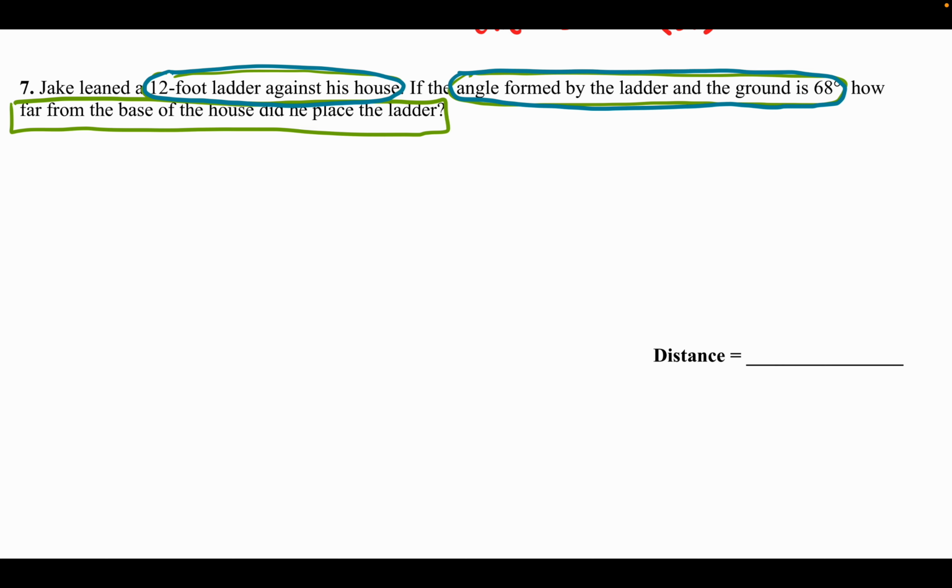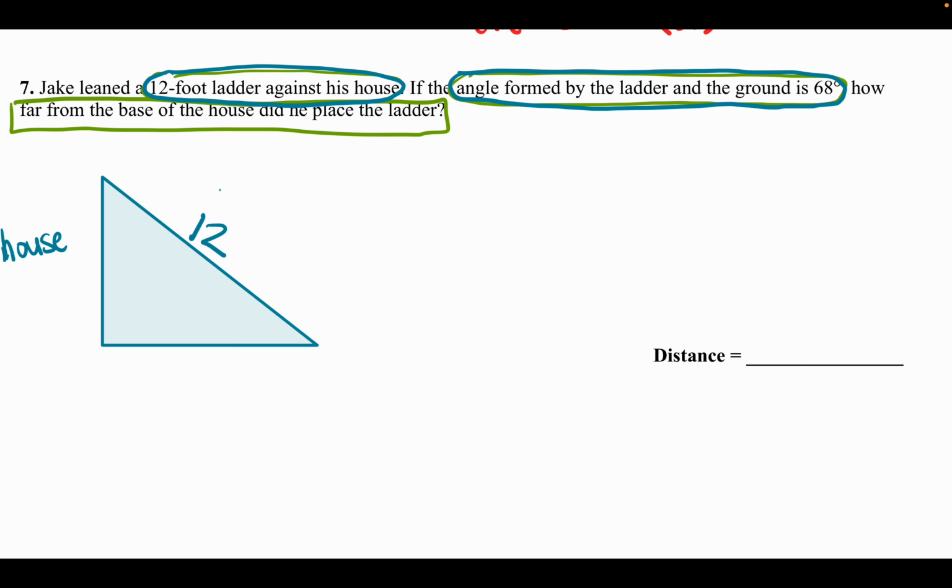Now using this, we can draw a picture. So you're going to draw a right triangle, 12-foot ladder against the house. So here is your ladder. Your ladder is what's leaning against the house. That's 12 feet. Your house is right here. So sometimes it helps if you label.